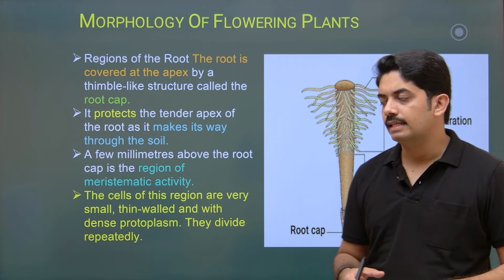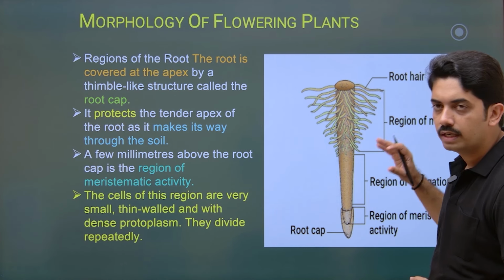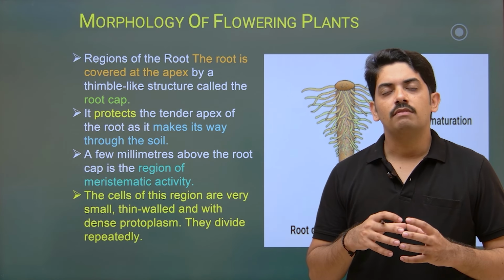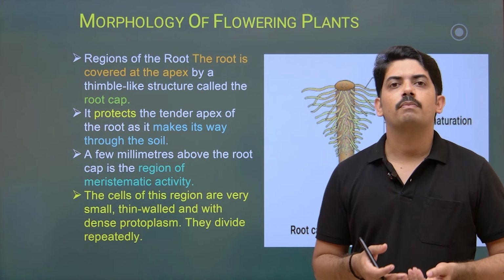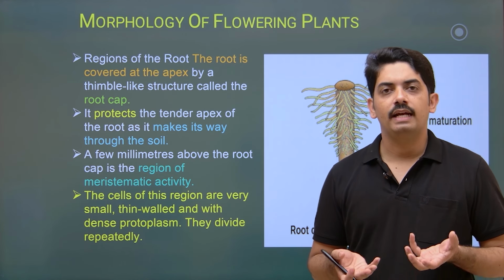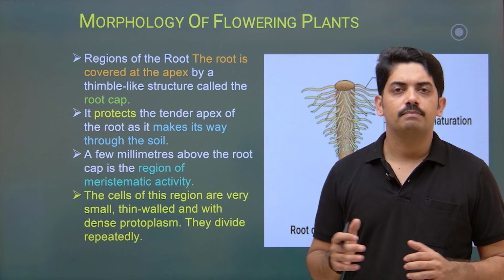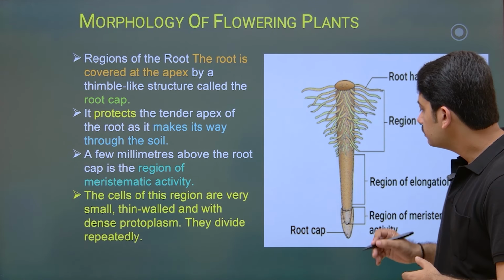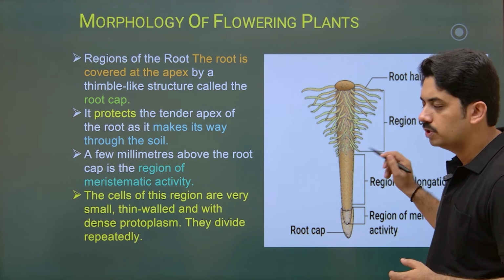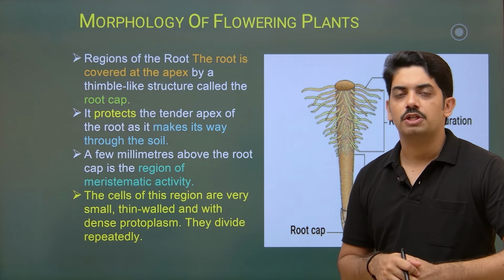Those permanent cells are present in the zone of elongation. Now, in the zone of elongation, the cell wall of the cell increases, cytoplasmic content increases, and now the cells are ready to perform different types of functions. So, proximal to meristematic region, you observe the zone of elongation.